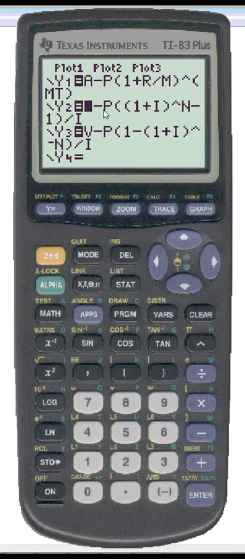In the y2, I've got the formula for future value.